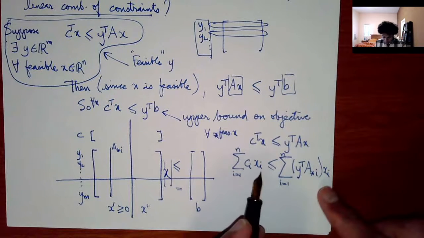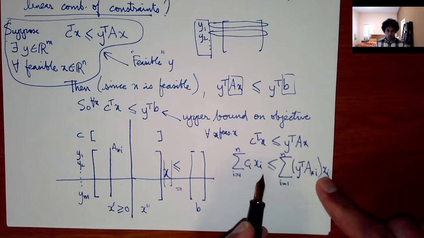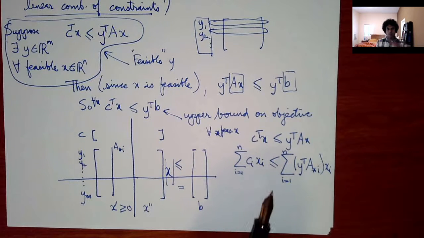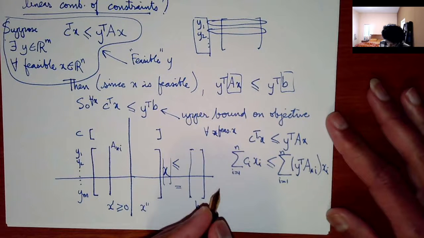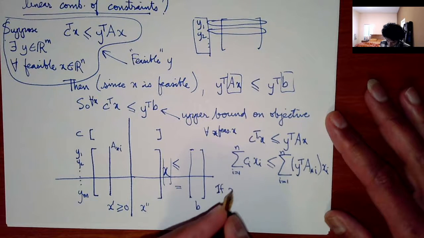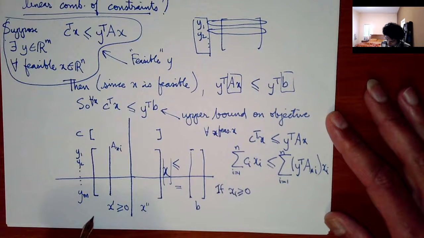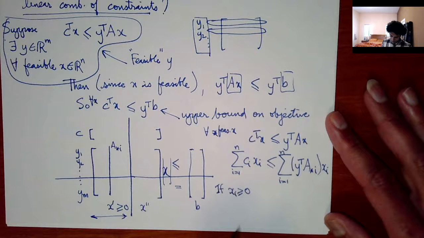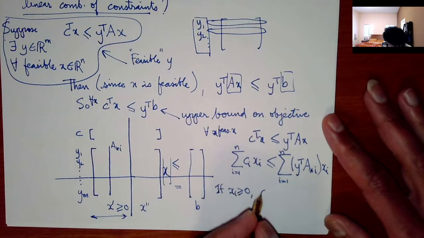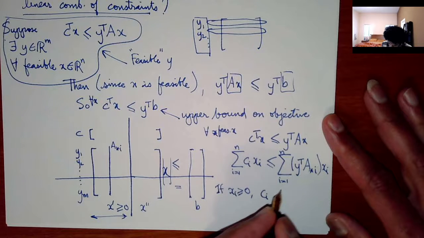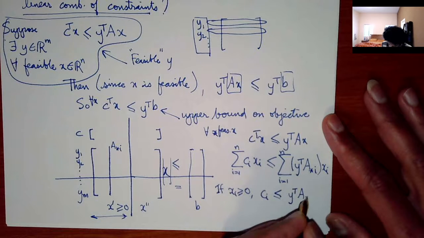Alright, so note that the way I could get this to hold is just by looking at the coefficients and ensuring that they satisfy a particular property. If xi is non-negative, since xi is one of these constraints here, it suffices to just ensure that ci is at most y transpose A star i.